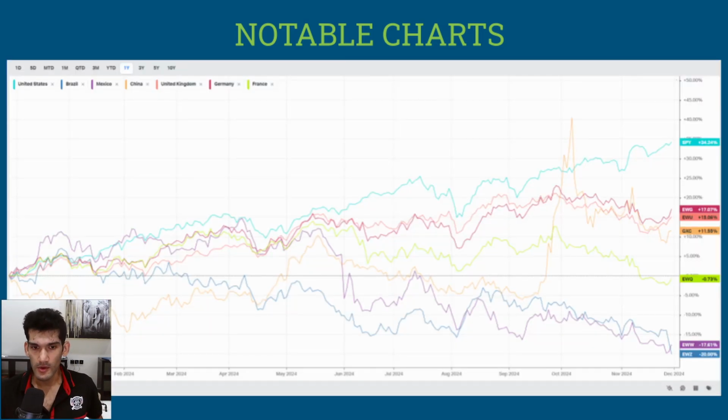I wanted to also take a look at the yearly performances of global equity markets. So as we know, the US has been a standout outperformer, and then Europe has struggled by and large. It's still up on the year, but it's not been easy for countries like Germany, UK, France especially.